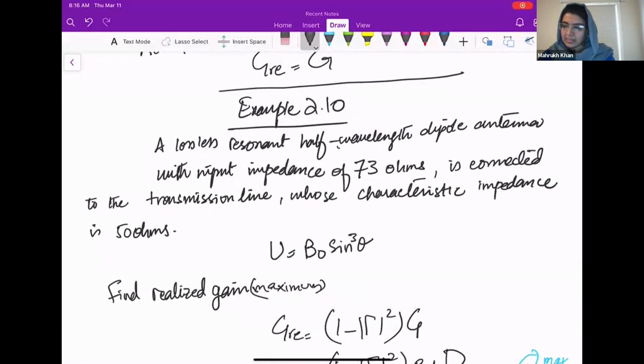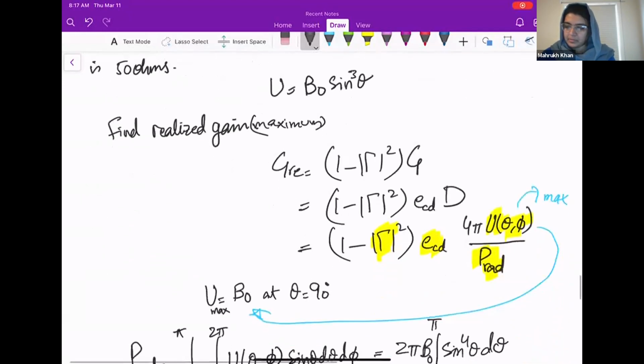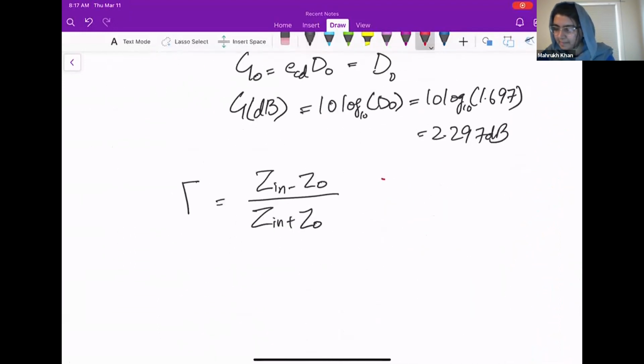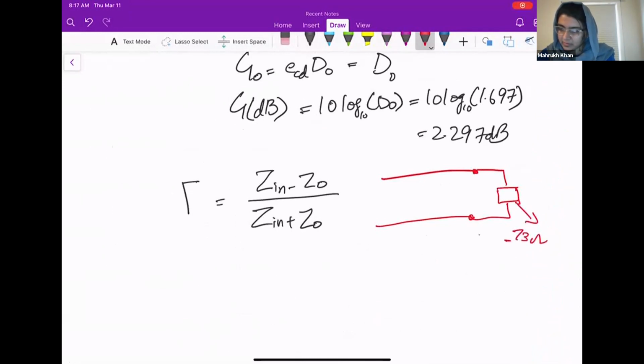If you are given that your dipole antenna has an input impedance of 73 ohms and is connected to a transmission line of 50 ohms, okay? So it means that this is 73 ohms, Z in, and this is Z naught, 50 ohms. So when we try to find it, we will do this.